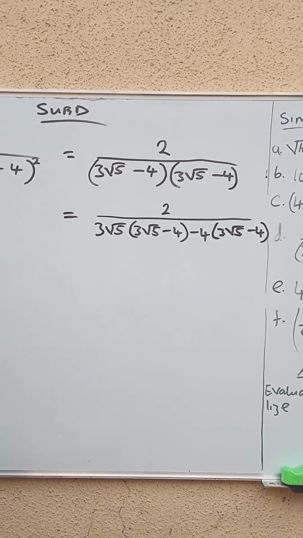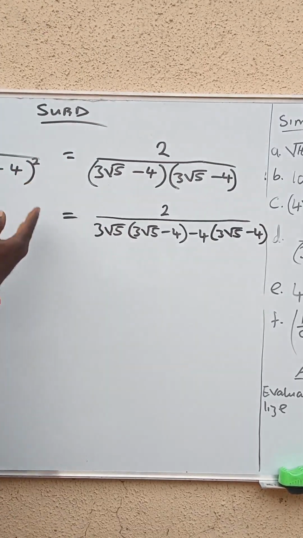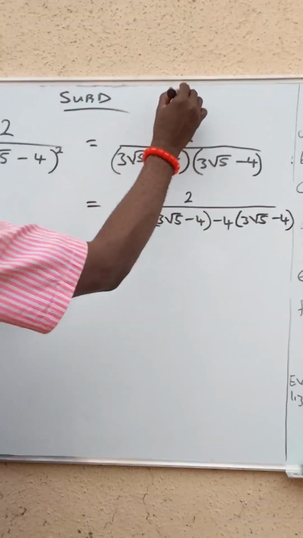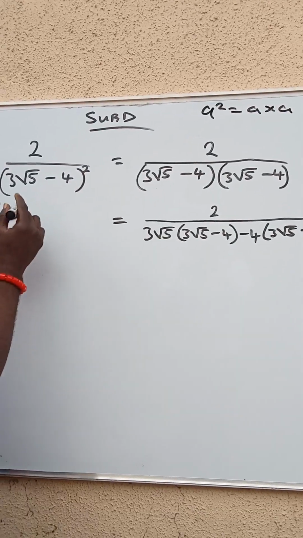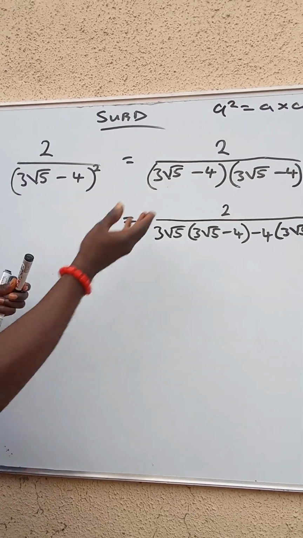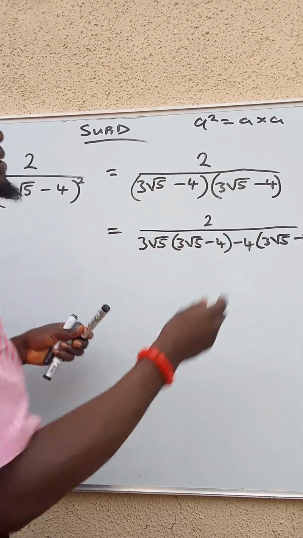Have I done anything that is too big? No. This is a square. Square simply means there are 2. Just like a squared, which is a times a. So this is squared 3 root 5 minus 4, which is supposed to be, and it's what I did, 3 root 5 minus 4 multiplied by 3 root 5 minus 4.